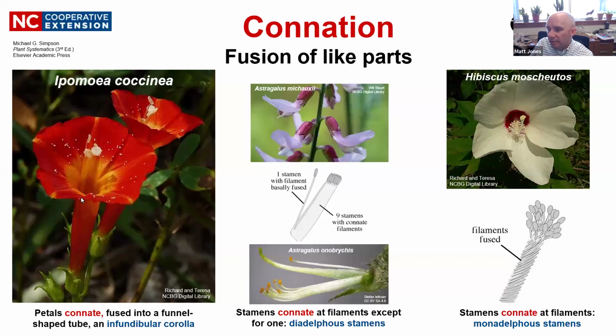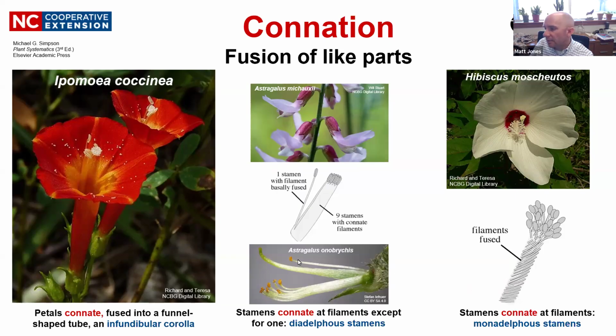So in this case, this infundibular corolla, this kind of trumpet-shaped, funnel-shaped corolla, is comprised of multiple petals fused together or connate into a tube at the base, and then it flares out at the top.